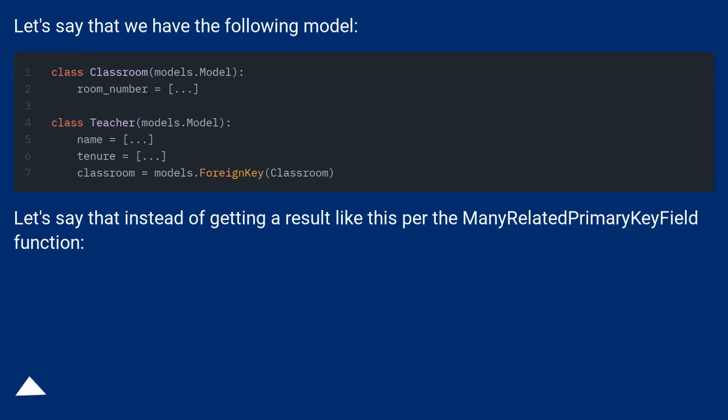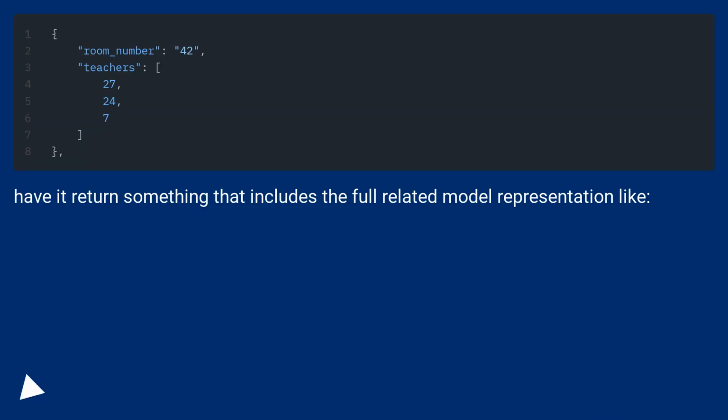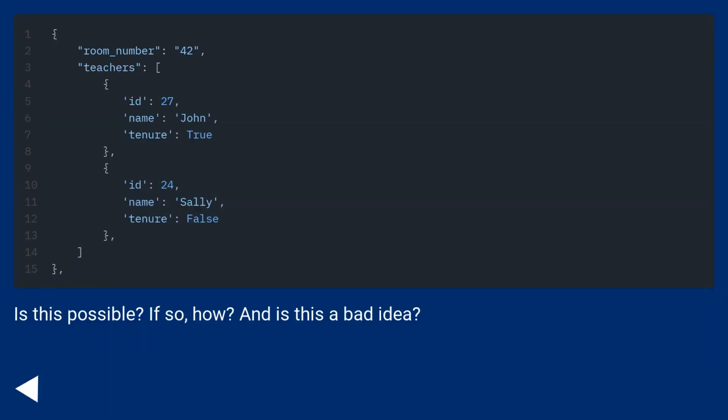Let's say that instead of getting a result like this per the many related primary field function, I'd like to have it return something that includes the full related model representation. Is this possible? If so, how? And is this a bad idea?